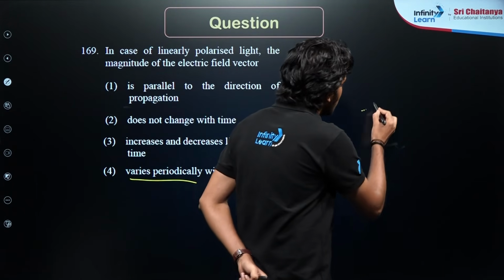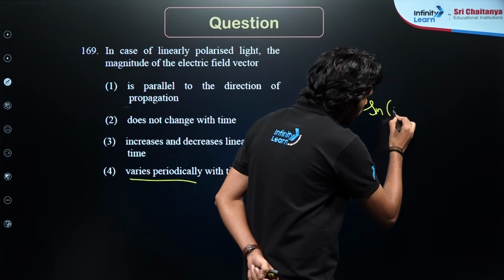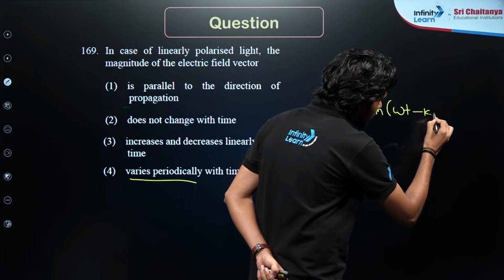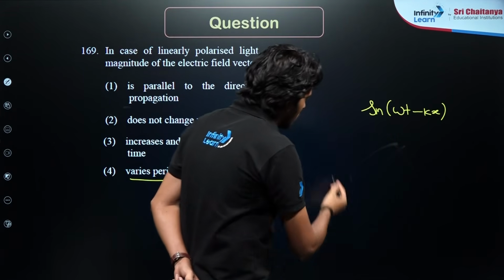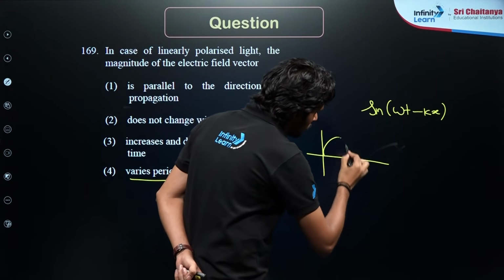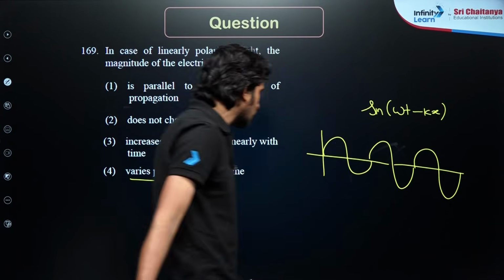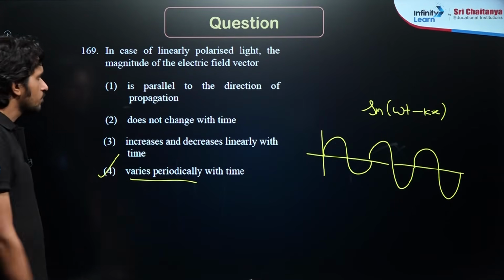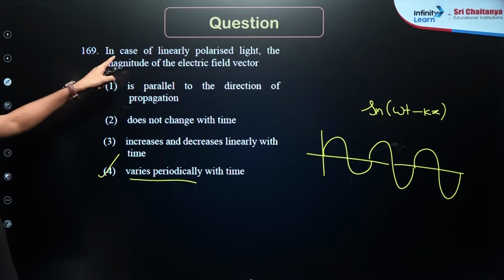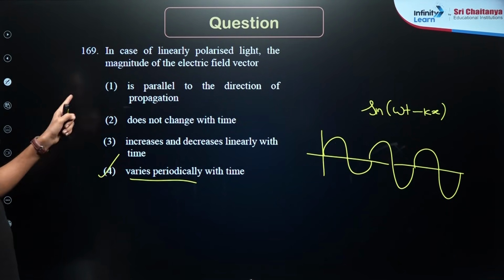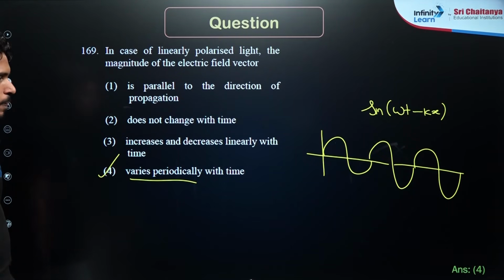Because that is changing as sine of omega t minus kx, right? So it has a fixed period. So option number 4.